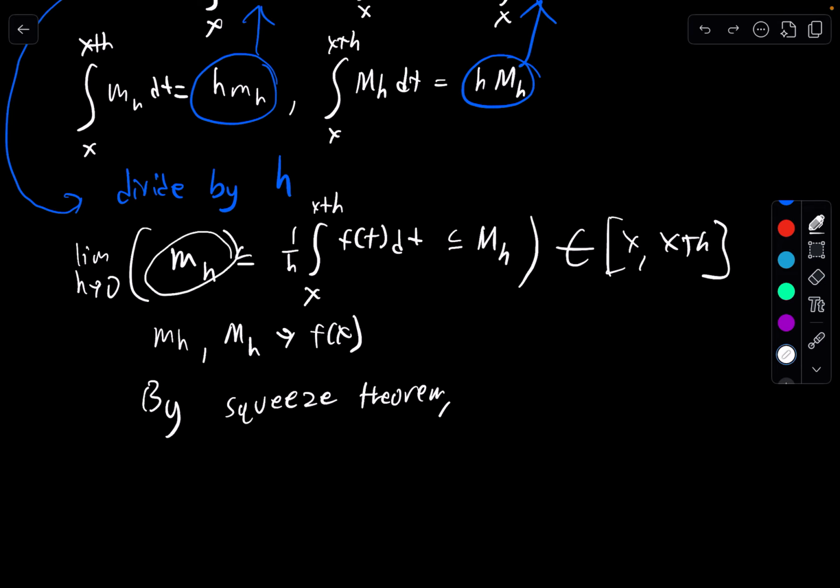In this case, because both of these go to f of x, this must also go to f of x because it's squeezed in between them.